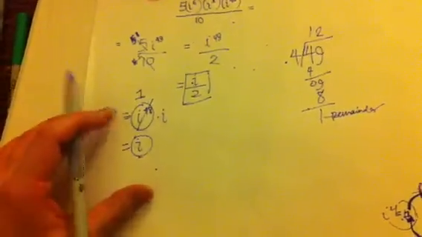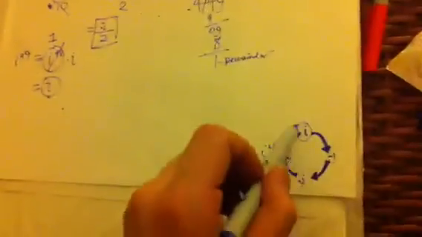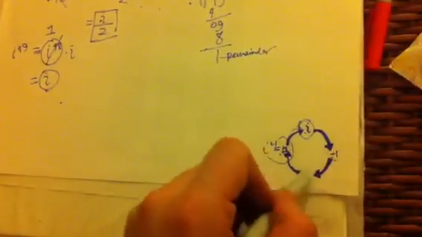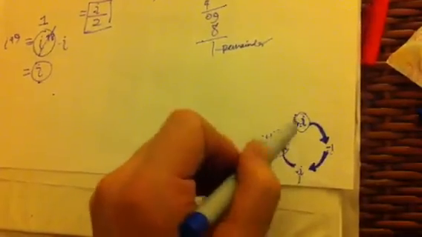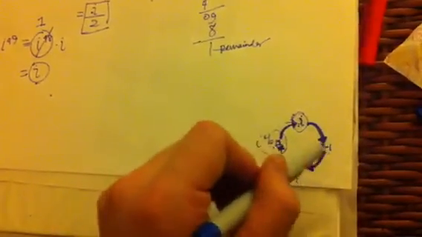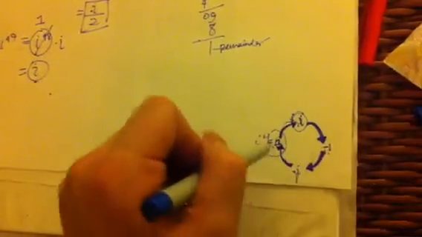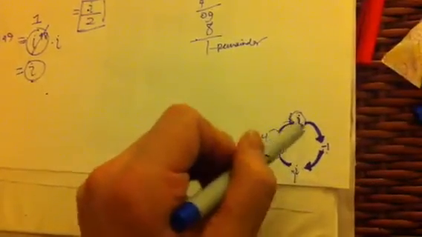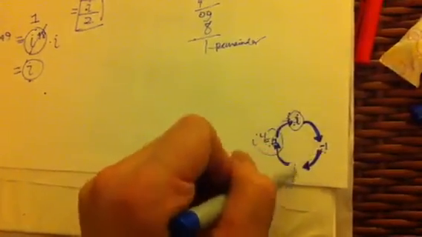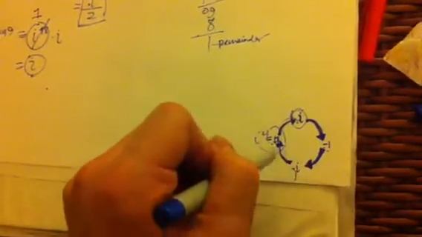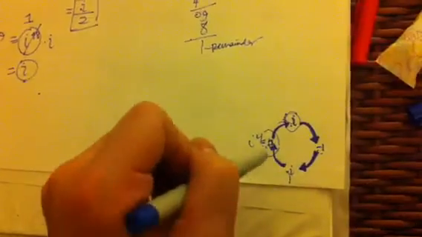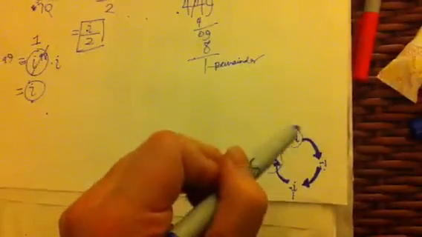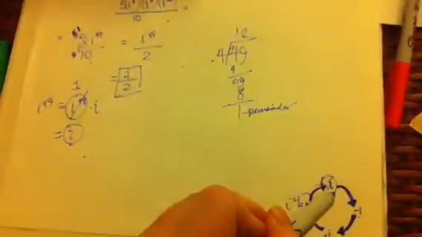A third way of doing that would be to sit here and count 1, 2, 3, 4, and so on, up to 48, 49. i to the 49th is indeed i.